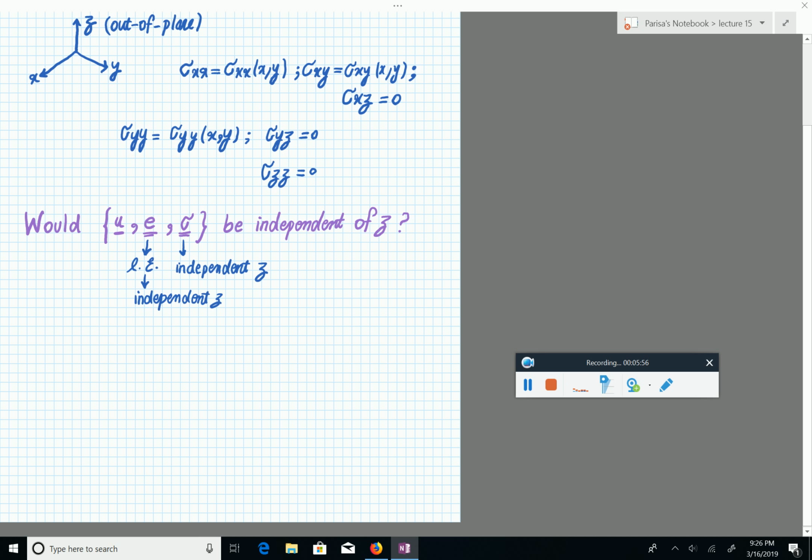It turns out that displacement is in general not independent of z.